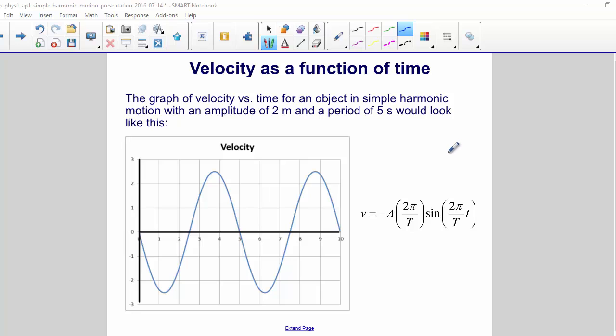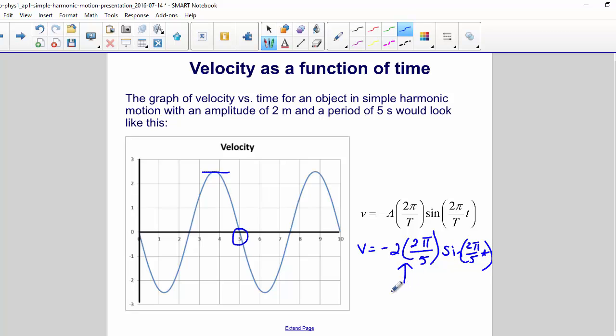The graph of velocity versus time for an object in simple harmonic motion with an amplitude of 2 meters and a period of 5 seconds would look like this. So we can see here that the period is still 5 seconds. But this amplitude is the maximum velocity. It is not the amplitude of oscillation. So for this particular equation, we get v equals negative 2 times 2 pi over 5 times the sine of 2 pi over 5 times t.